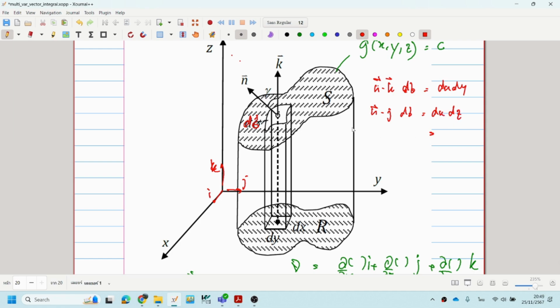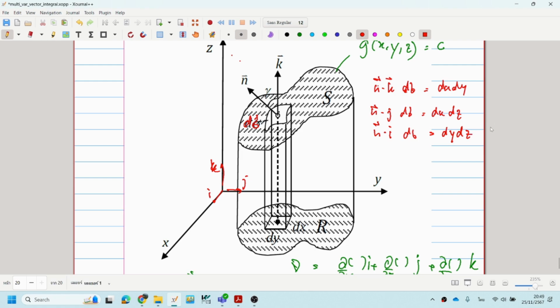And n dot i d sigma projects to the 2D region on the YZ plane, dy dz.